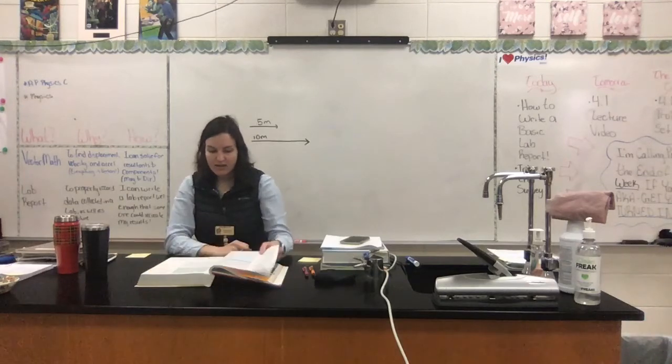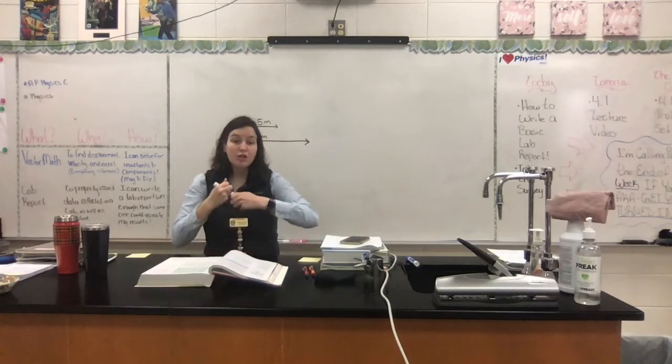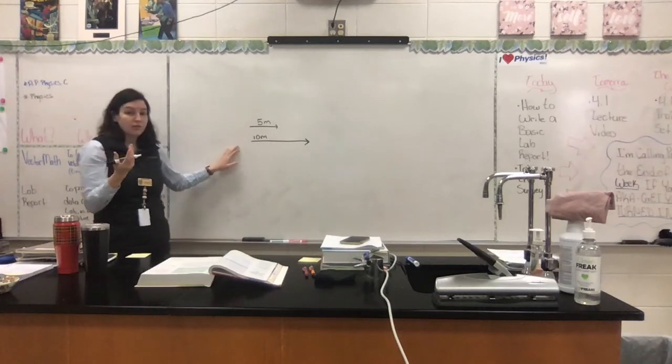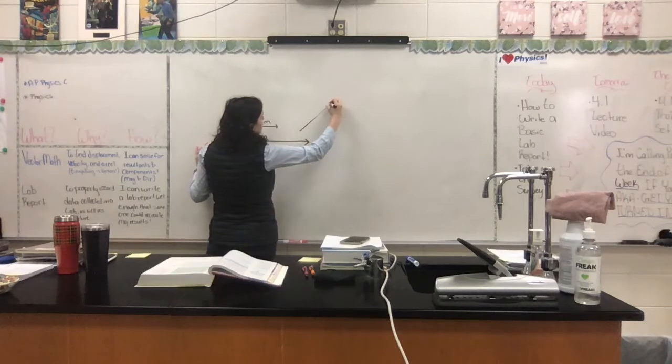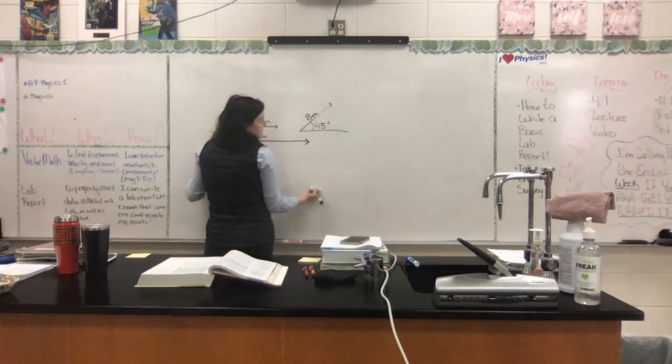All right, another thing that vectors have a lot of the time is an angle, and that will give the direction too. So right here, these would have an angle of 0, right? However, you could be going, let's say, 45 degrees, 8 meters, okay?